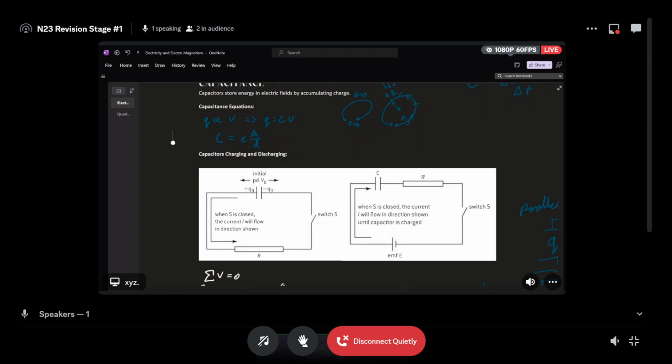Whereas if you have a large distance between the two plates, capacitance will be low, which means electrons will have a harder time going from one side of the plate to the other.